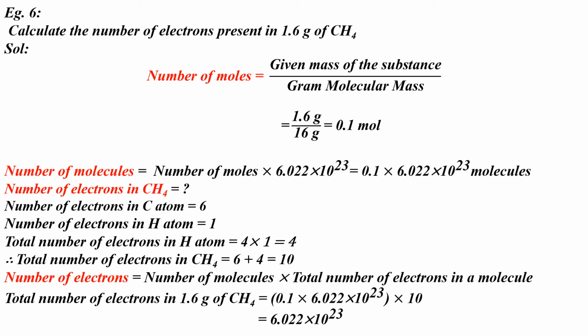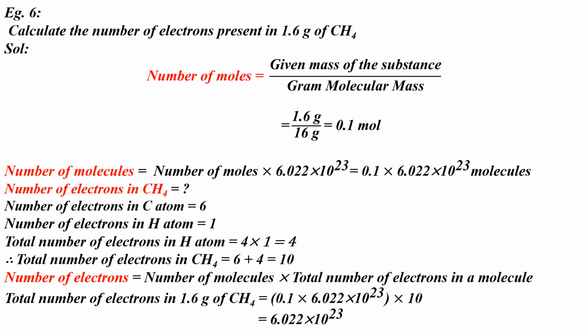The number of electrons in a carbon atom is equal to 6. How do you get this value? We know the atomic number of carbon is equal to the number of electrons present in carbon. Since the atomic number of carbon is 6, the number of electrons in carbon would also be 6.